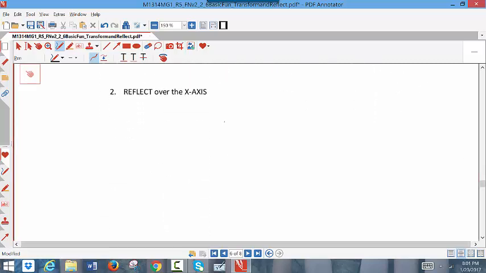Now we can also reflect over the x-axis. Let's look at the same graph, but this time let's reflect it over the x-axis. So let's suppose this is the point 4, 2, and this is the point 9, 3. Now if you come over the x-axis, it would look something like the dashed line.